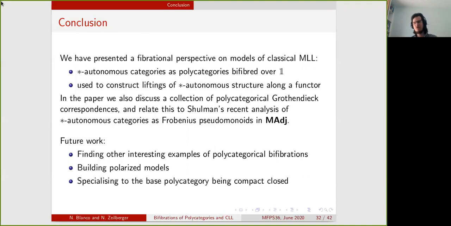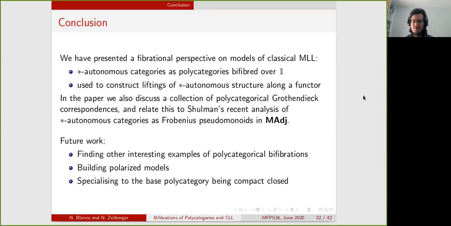Using the Grothendieck correspondence, this will be equivalent to a pseudo-functor from the terminal polycategory into the 2-polycategory of multivariable adjunctions. A pseudo-functor out of the terminal polycategory is the same thing as a Frobenius pseudomonoid. And so we get that Star-autonomous categories and Frobenius pseudomonoids are in correspondence. This is something that has been proved and observed by Schulman recently.